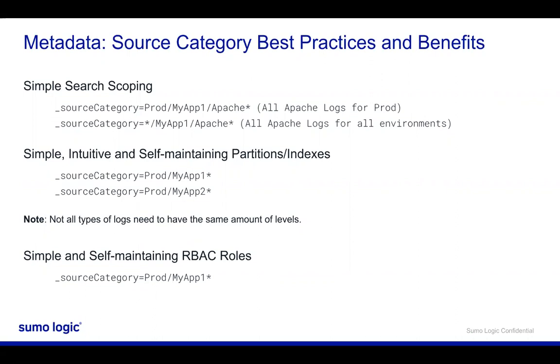But with that, you can also start to say what data they can access. So in this case, if we tied this rule to a user, or a role rather, excuse me, we would be saying this role can only access production my app 1 data. They can't access production my app 2 data. They can't access development my app 1 data. They're very locked down in what they can do, which may be useful for certain users or certain roles.